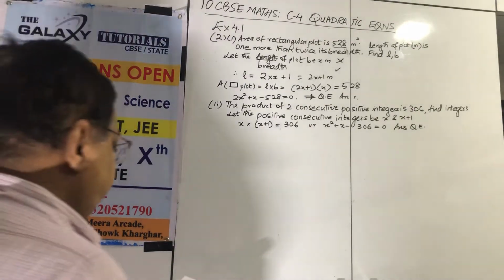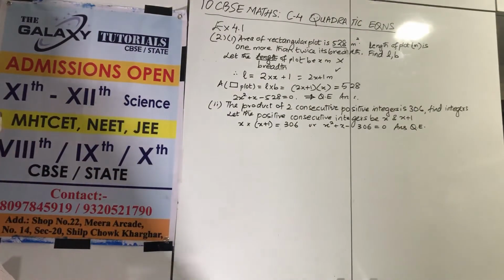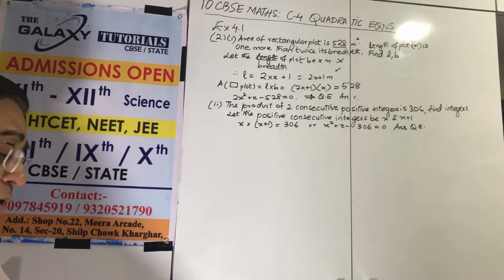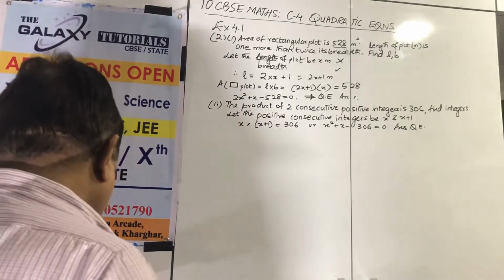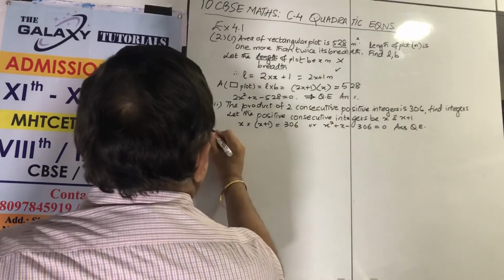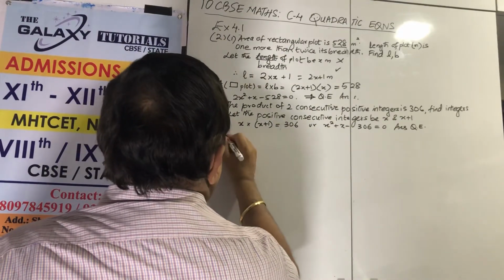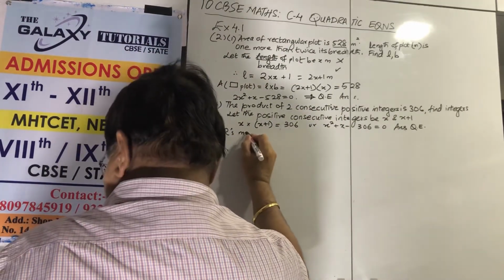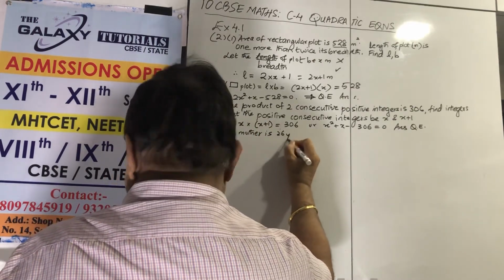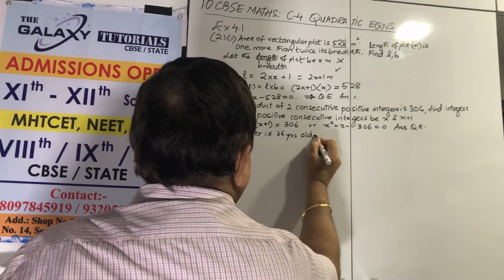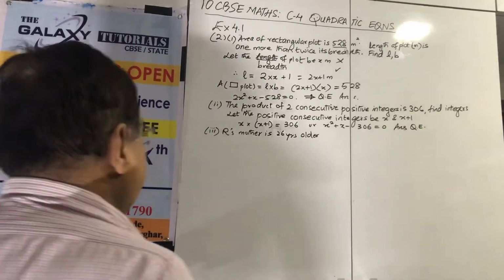Let's see sum number 3. Okay, please see that again, as I remind you, this is only expansion and we are not doing anything greater than that. Number 3. Rohan's mother is 26 years older than him.